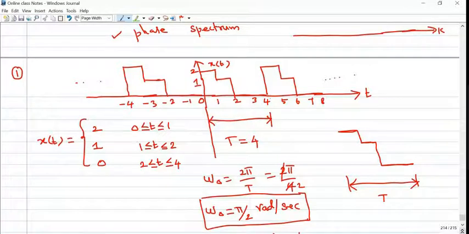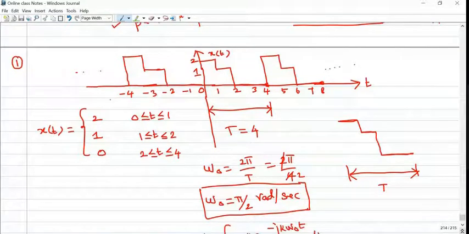Like this you may also consider 4 to 8. If you consider 4 to 8, then your integration limits will change: 4 to 5, 5 to 6, and 6 to 8 zero. You will get the same answer. So x of t is 2 for 0 to 1, 1 for 1 to 2, and 2 to 4 nothing.